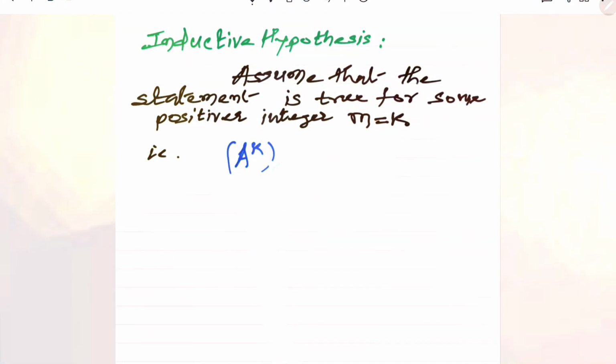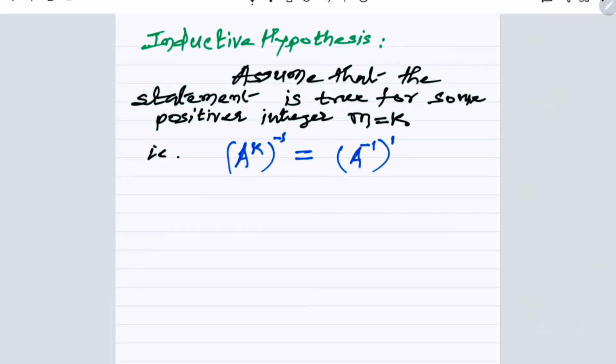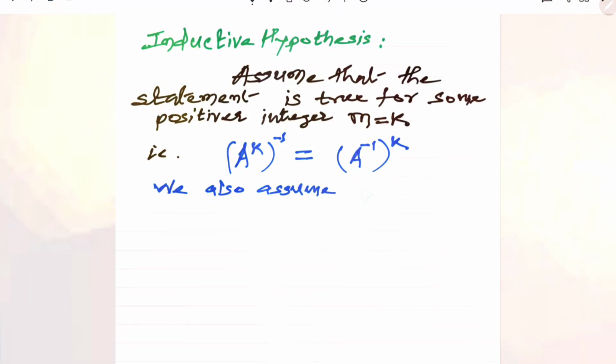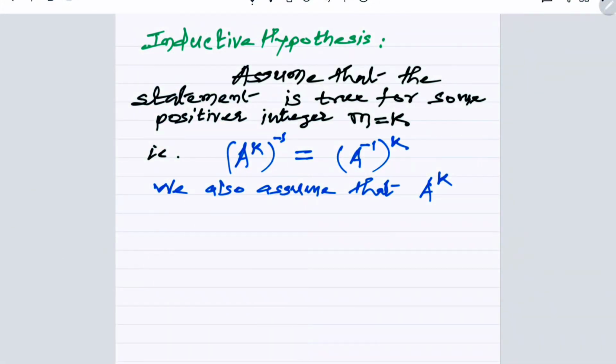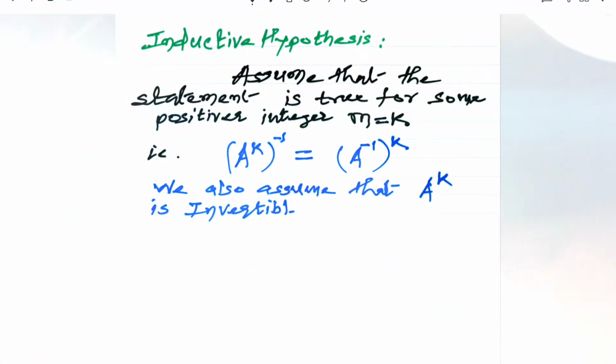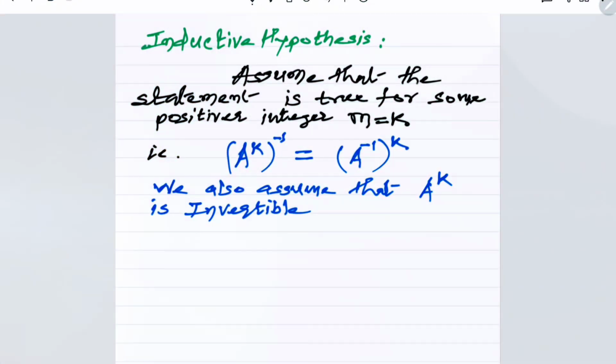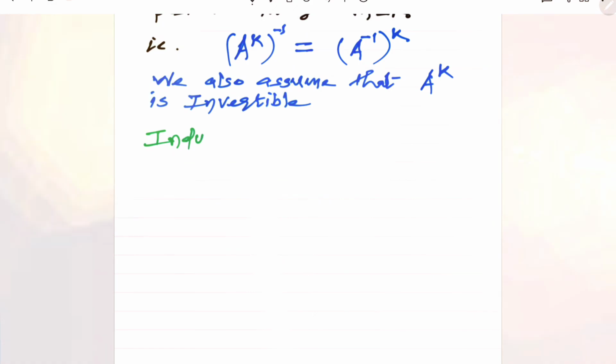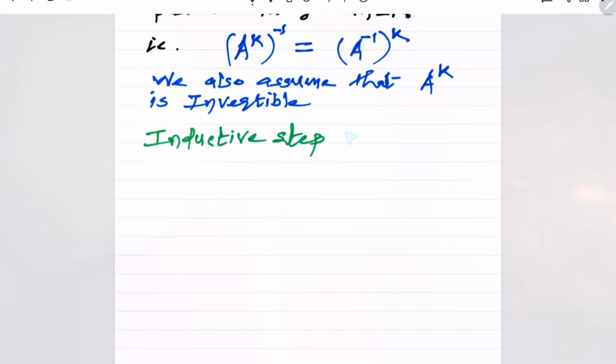That is, the inverse of A raised to k is A inverse raised to k. We also assume that A raised to k is an invertible matrix.